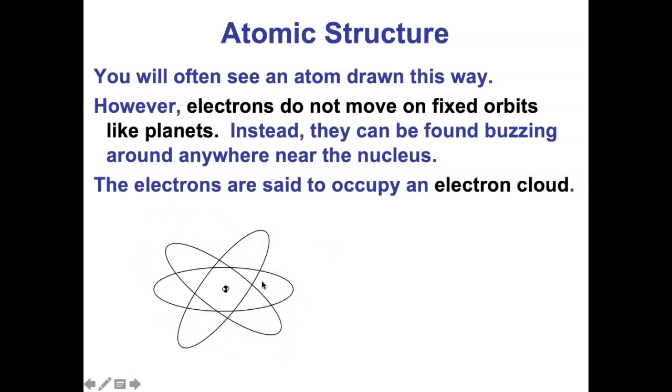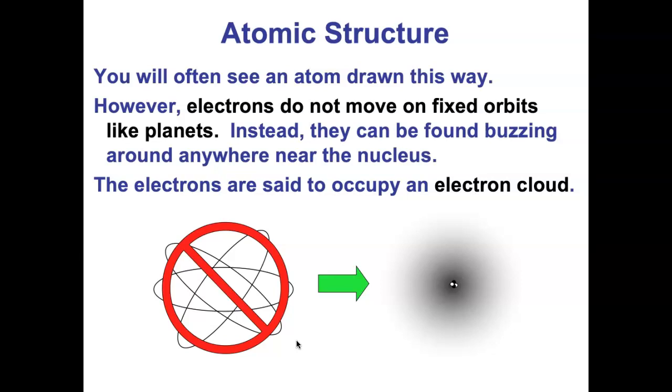This is not the way electrons really behave as they're orbiting around the nucleus of the atom. Electrons are way too small, they're moving way too fast. You can't pin down an electron and watch it orbit around an atom the way you can watch big slow-moving things like planets orbit around the sun.